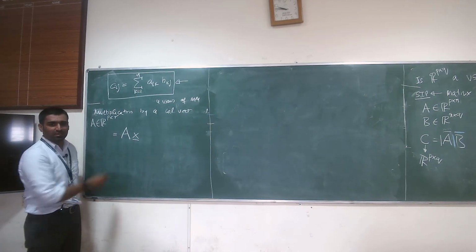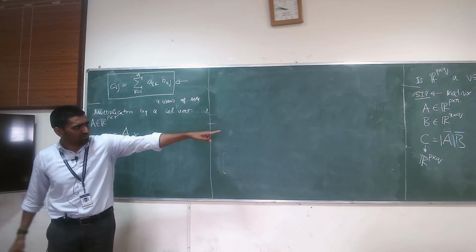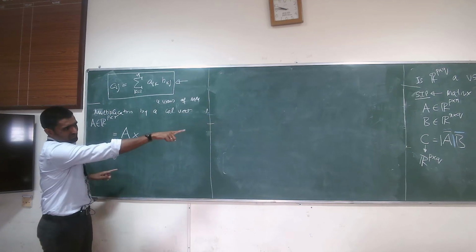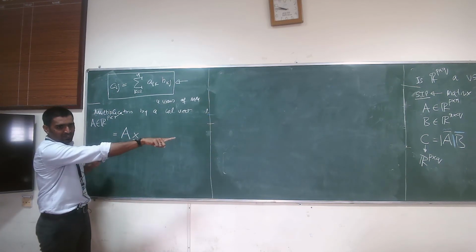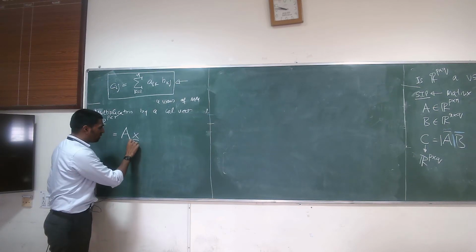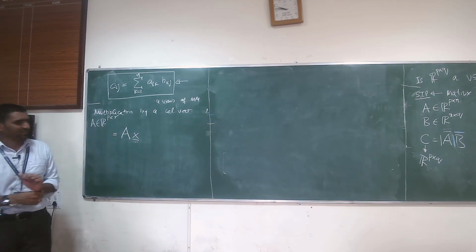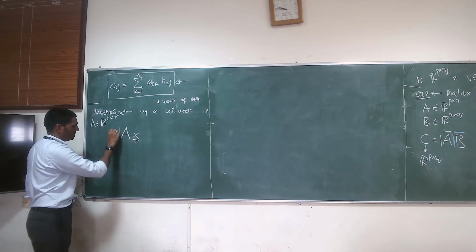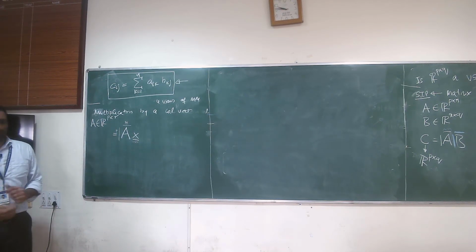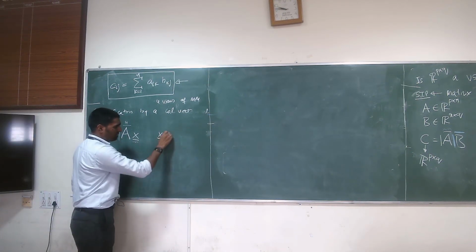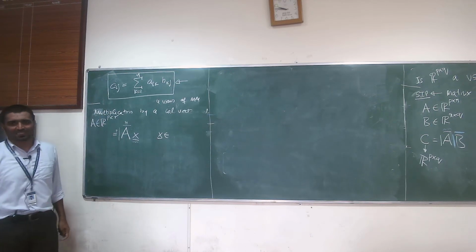Can I choose any column vector and multiply? Well, this is a special case of the matrix multiplication rule. So if that is the case, what shape does X have? What is the shape of X?